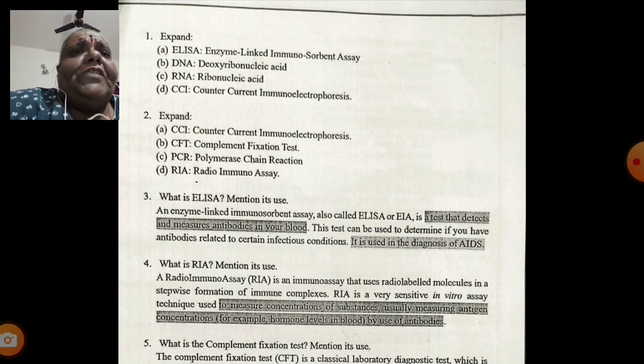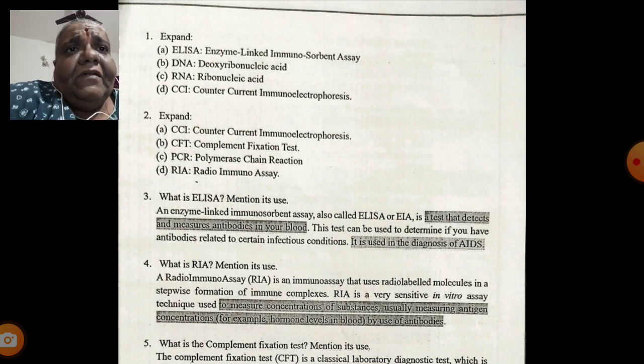Then one more such nucleic acid which we often find in organisms is RNA, that is ribonucleic acid. It is not deoxy, it is just ribonucleic acid.